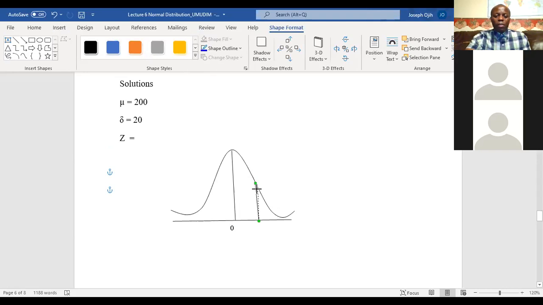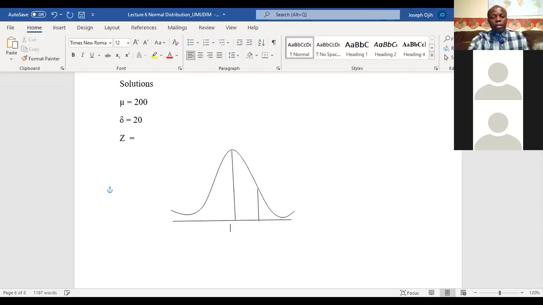From here down is 90%, and the top 10 is right there. You can put it anywhere on the right tail. You start from 0, or 0.5, which is 100, all the way to 90, and the top 10 starts from here.